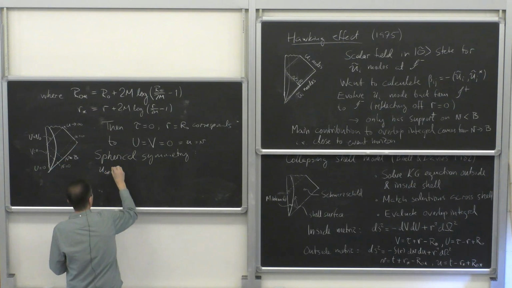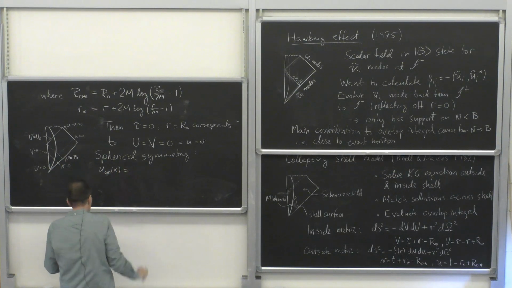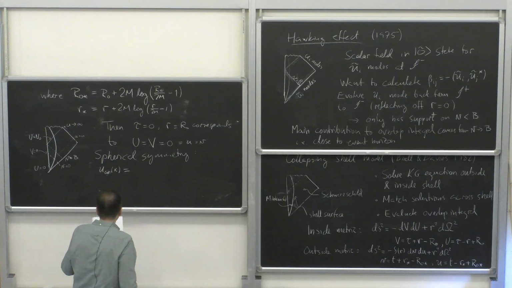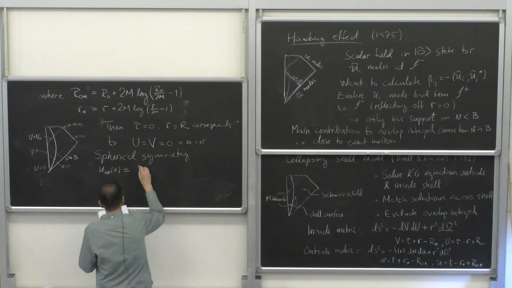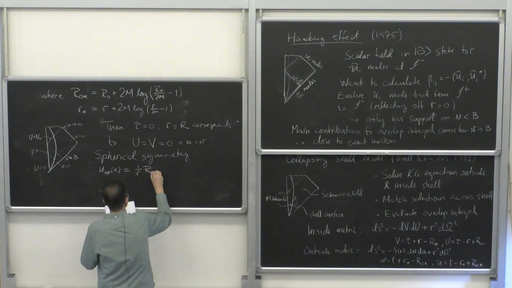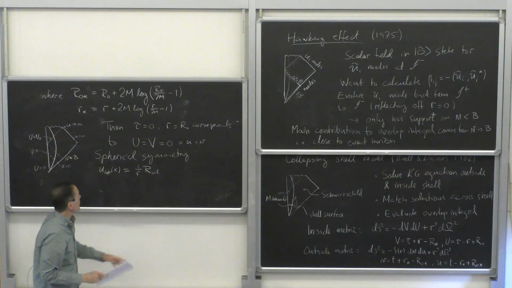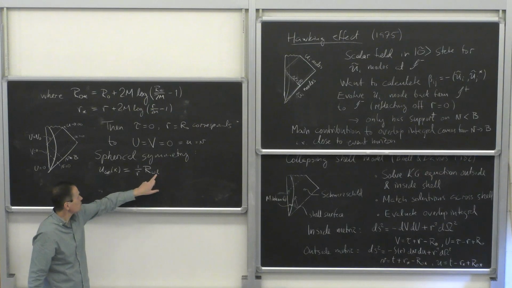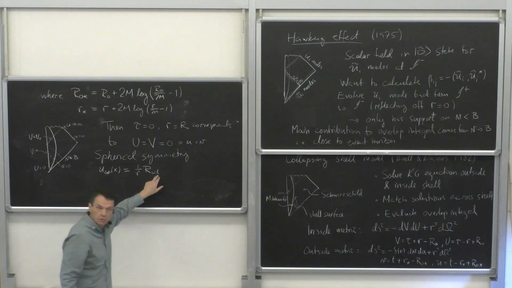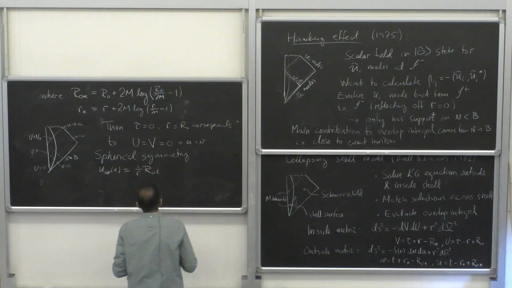So this is going to be a positive frequency mode. I can write it as usual in terms of a radial function, where I have to designate an angular momentum quantum number and the energy.